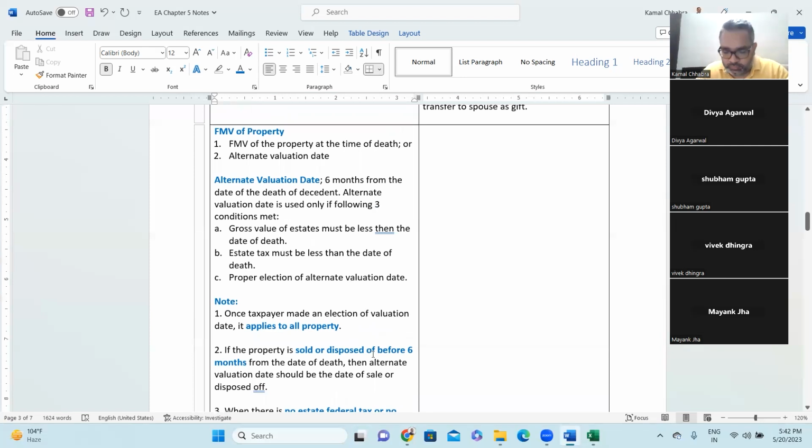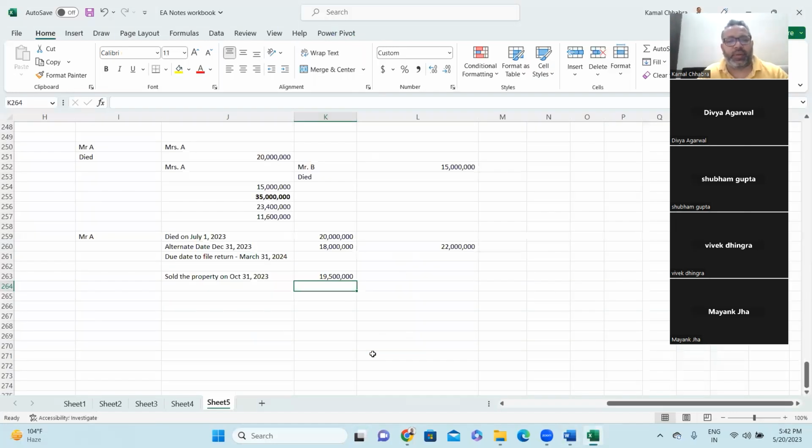सर ये जो second point आपने बताया ना, if the property is sold or disposed of before the 6 months from the date of death, तो death से पहले ही sale कर दिए. No, from the date of death. This one, like the date of death is 1st July. 6 months from the date of death is 31st December, but sold on 31st October.